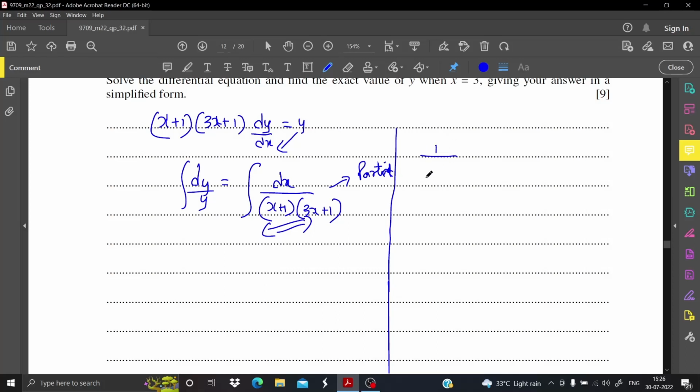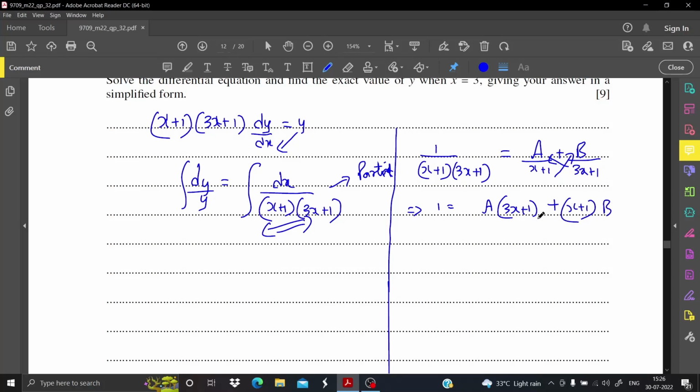So let's split this into partial fraction. This is a simple factorization type. So I can use a by x plus 1 plus b by 3x plus 1. Therefore, you get 1 equal to a times of 3x plus 1, plus x plus 1 times of b.